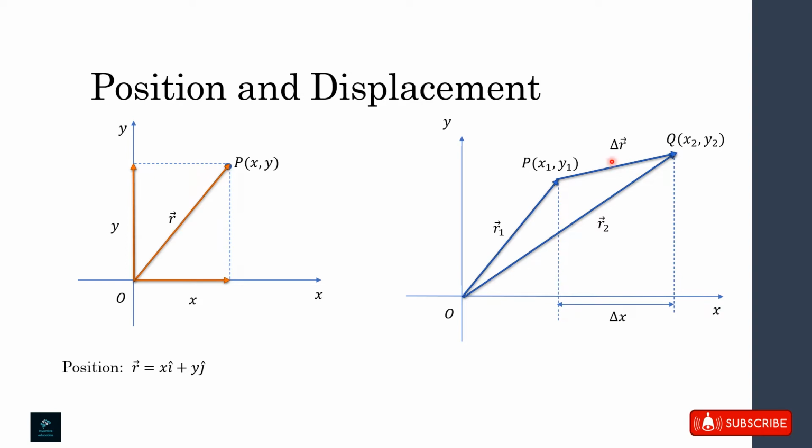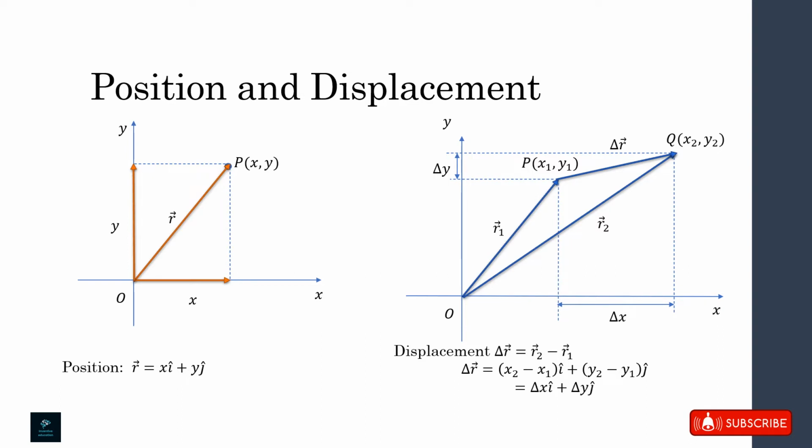The x component of the displacement is delta x, which is equal to x2 minus x1, and the y component of the displacement is delta y, which is equal to y2 minus y1. Thus, we can write displacement as a vector delta r is equal to r2 minus r1. This is equal to (x2 minus x1) i hat plus (y2 minus y1) j hat, and this is equal to delta x i plus delta y j.